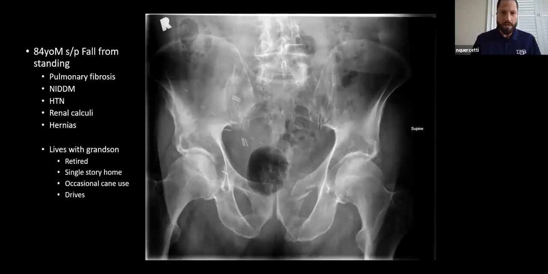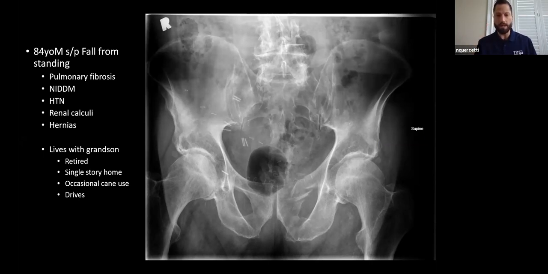So, our first case is this 84-year-old male who fell from a standing height. These are his medical conditions listed. Relatively active, lives at home with his grandson, walks with a cane, single story, he still drives, and he's completely mentally competent.